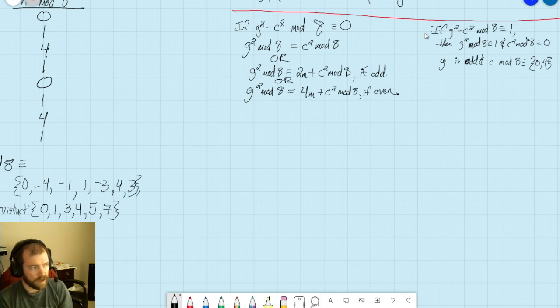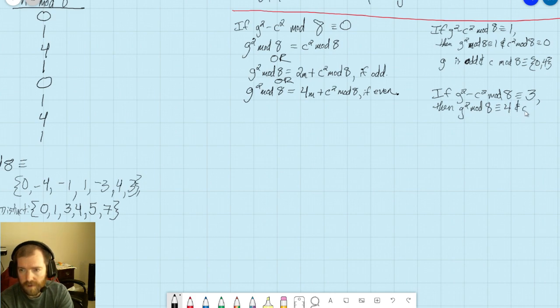Alright, then we've got 3, which is again G squared minus C squared mod 8 is equivalent to 3. Then G squared mod 8 must have been 4, and C squared mod 8 must be 1. Again, no other possibilities to get 3.